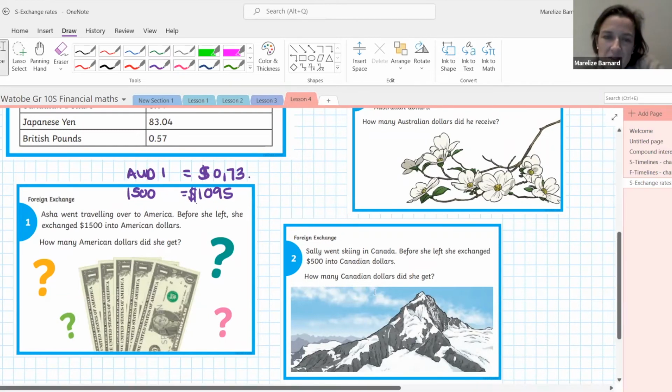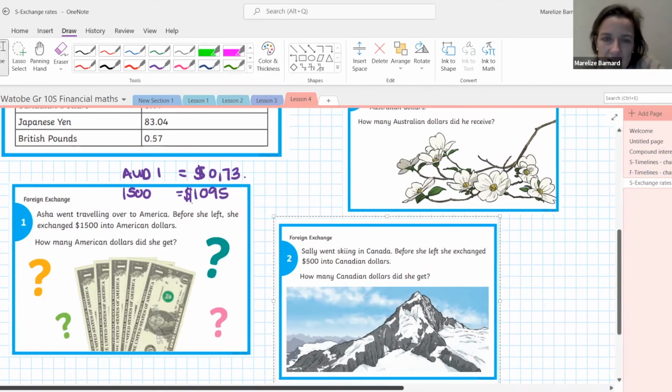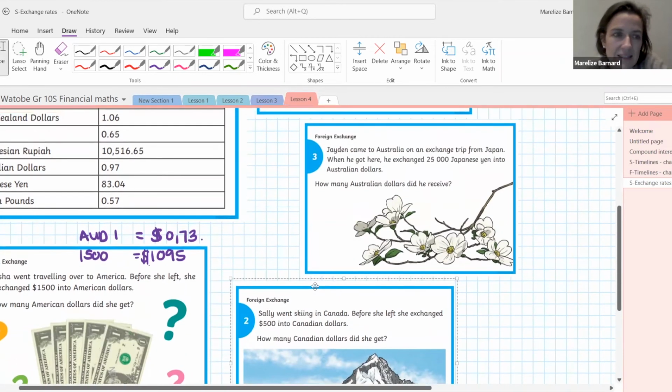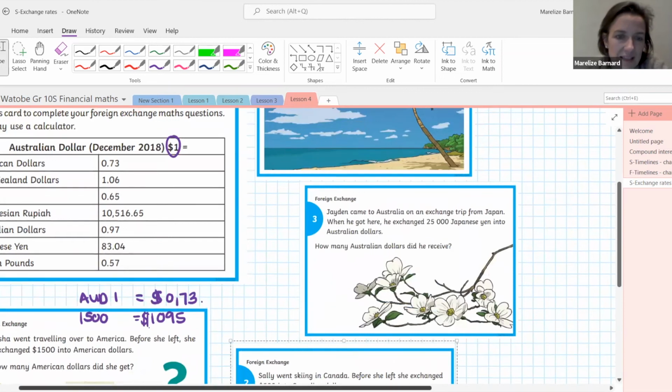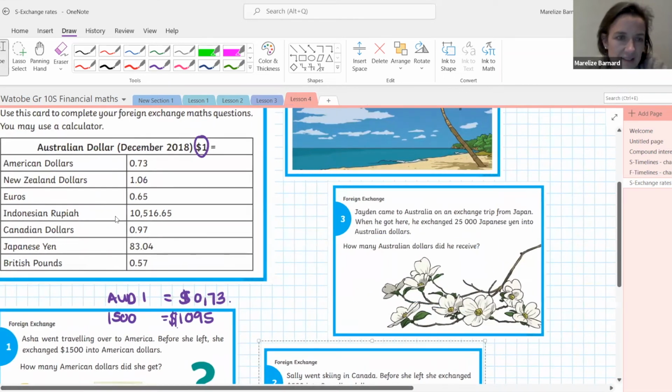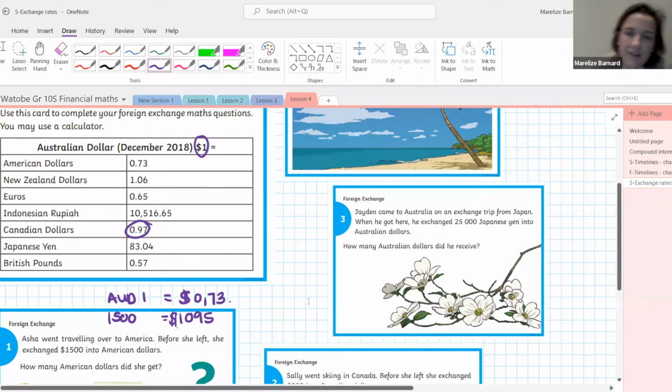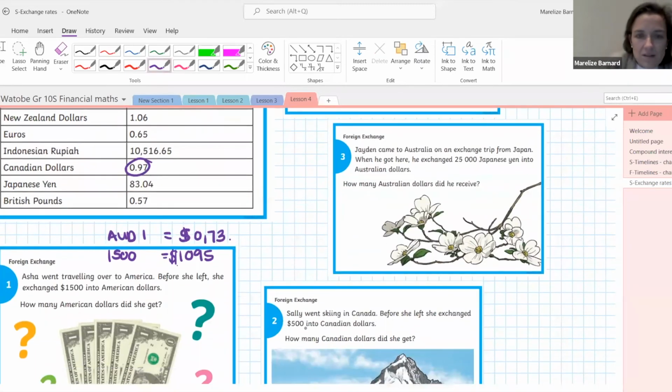Off we go to our second question. And now we are skiing in Canada, or Sally is anyway. Before she left, she exchanged 500 Australian dollars into Canadian dollars. So let's go look what the Canadian dollar conversion rate is. That's 0.97. It's over here. So 1 Australian dollar is 0.97 Canadian dollars.